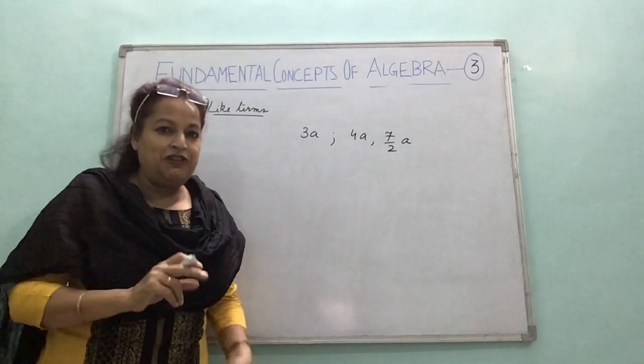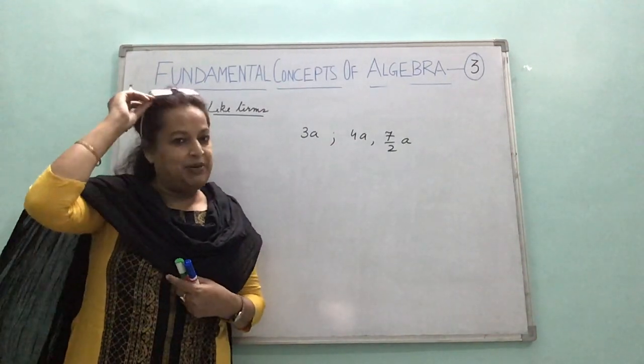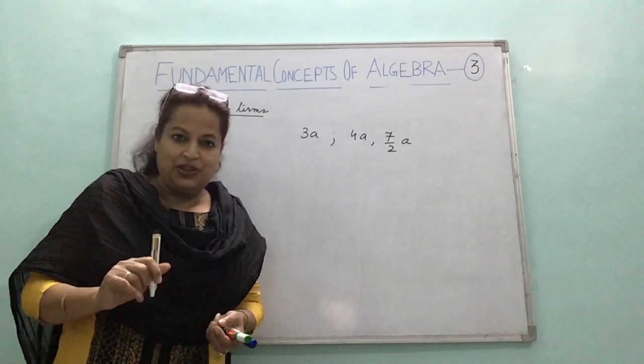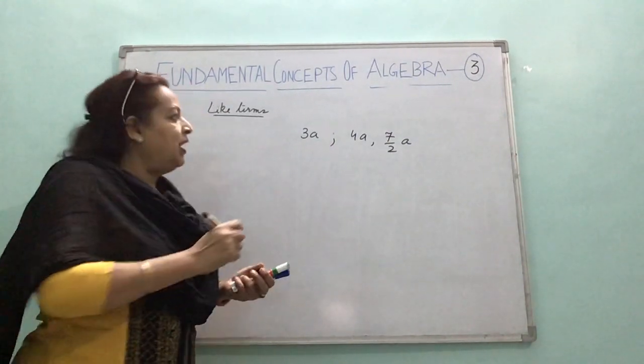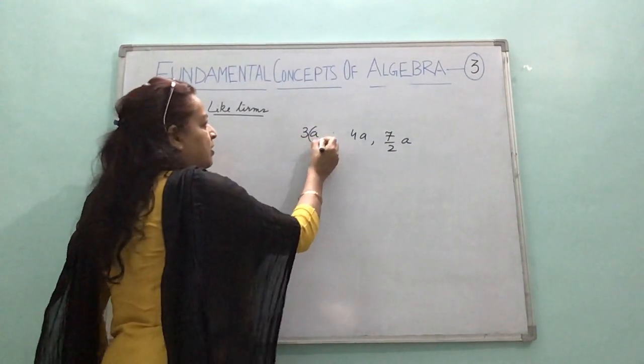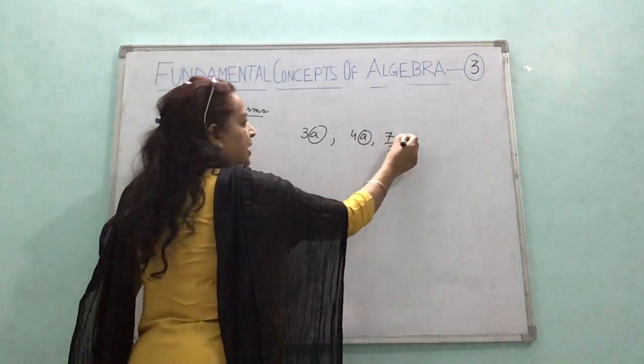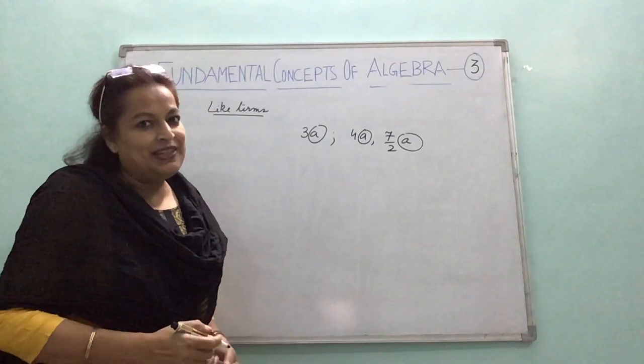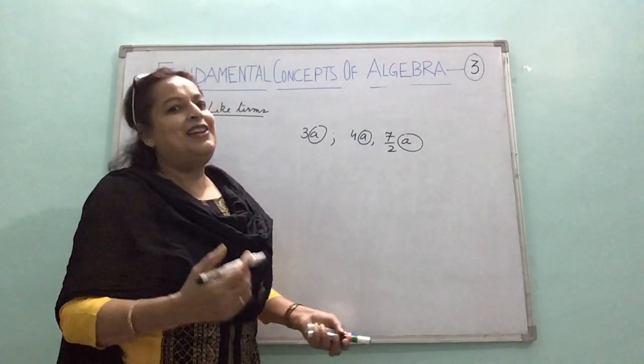If the literal factor means the alphabet part. Just remember, if you have difficulty in remembering the term literal, think alphabets. If the alphabet part of the term is exactly the same, then they are like terms. Otherwise they are unlike terms.